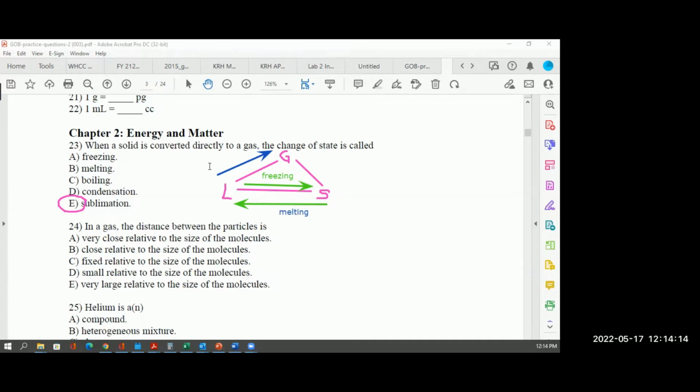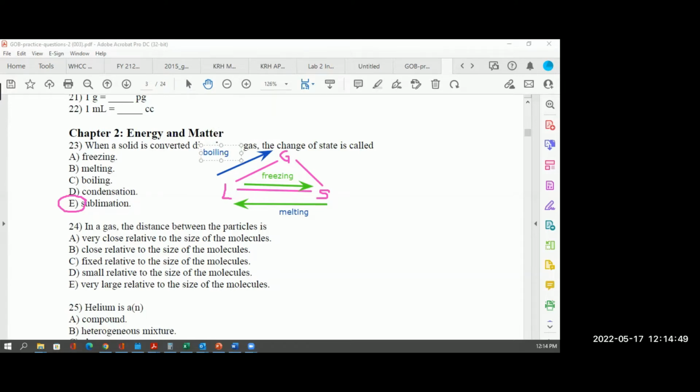If you're boiling water, you have water and it's going to turn into steam, into gas. Okay, so liquid to gas is boiling. Now it's important that you use the things that you already know. Don't overthink it.